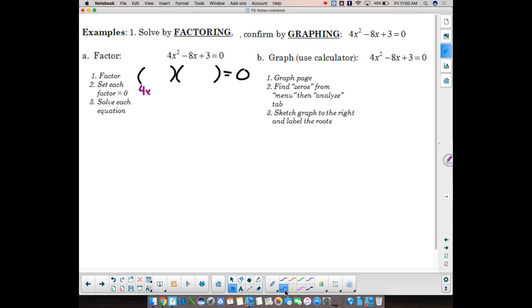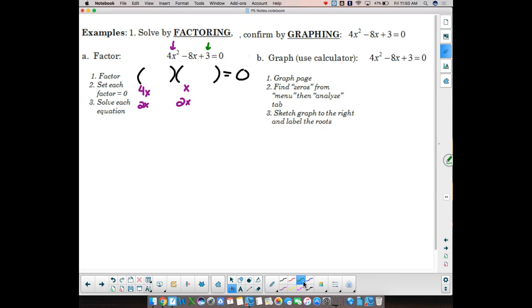Both of those multiply together to be 4x squared. Then I'm going to look way down here at this number and ask what multiplies together to be 3? 1 and 3, right?